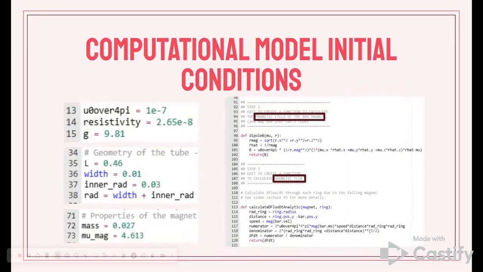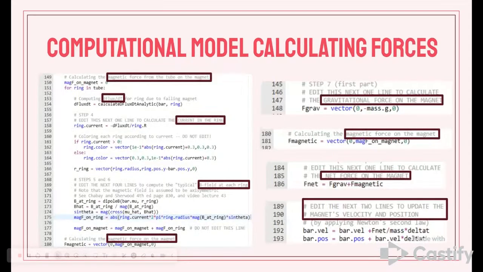This is my computational code, and these are the initial conditions. We were given a lot of these first values, like the resistivity, mu naught over 4 pi, and g, but then we also plugged in the dimensions that we had calculated earlier. You can see we calculated the magnetic force from the tube on the magnet using the d flux over dt from Faraday's law.